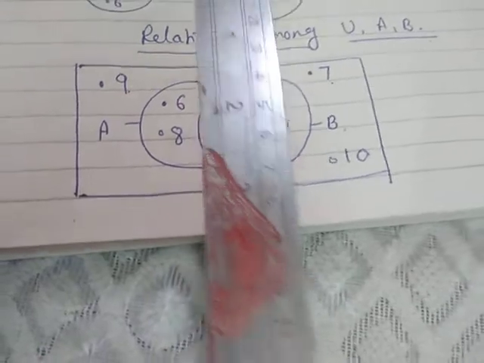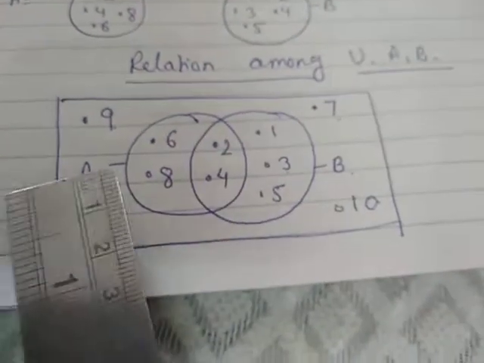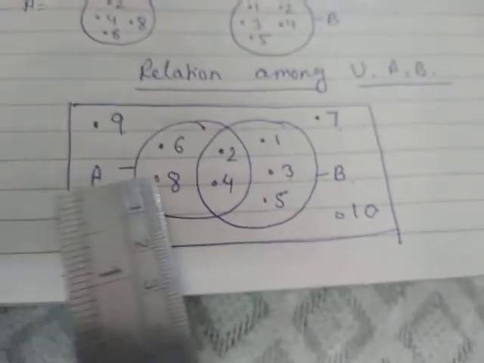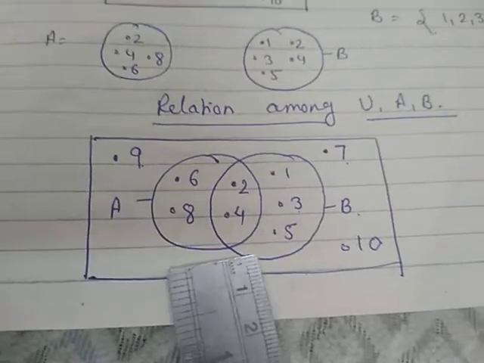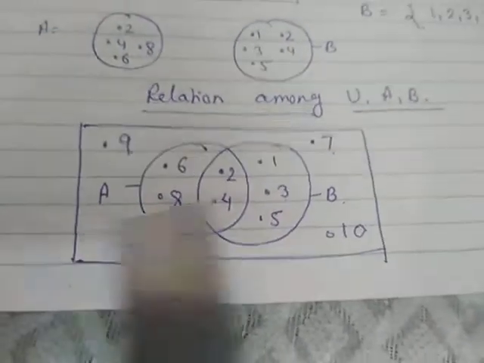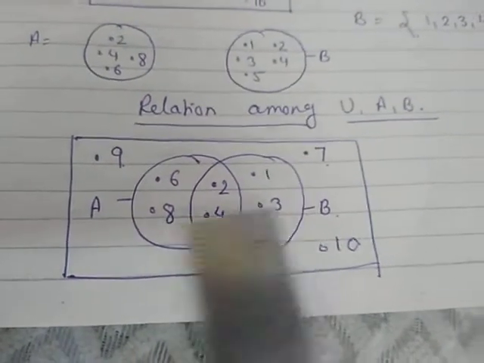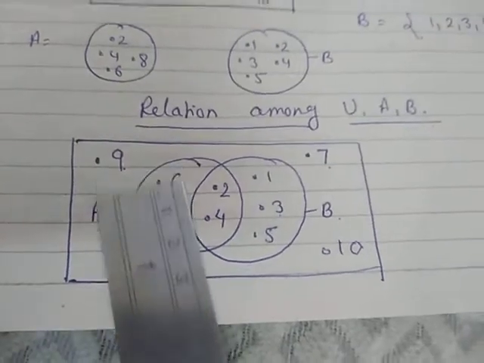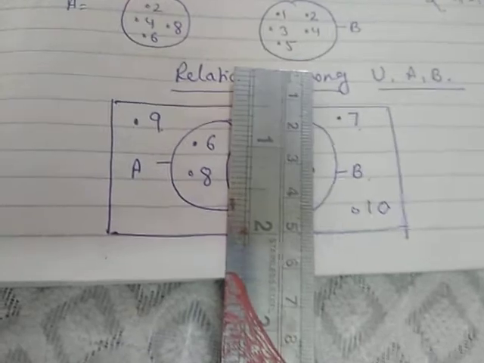That means these two elements can be placed here. If you count the elements of set A, this is the complete circle of A, and those elements are 2, 4, 6, 8. But the common part of A and B is 2, 4, and the elements which are in A but not in B are 6, 8.